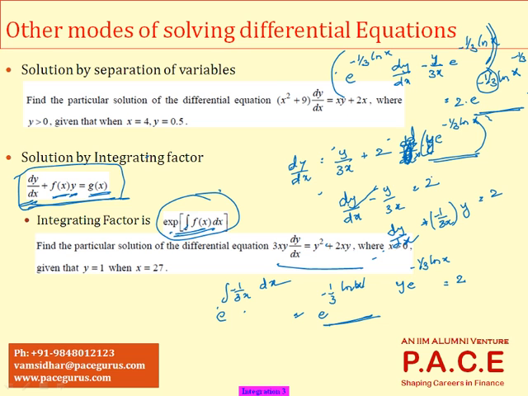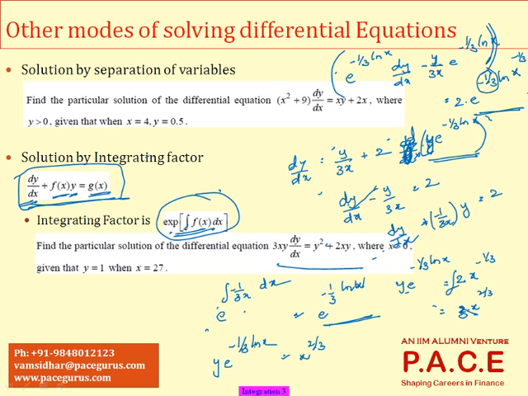So this becomes directly the integral of 2 into x to the power of minus 1 by 3, which is 2 into x to the power of 2 by 3 by 2 by 3, which is 3. So y into e to the power of minus 1 by 3 log x equals 3 x to the power of 2 by 3.